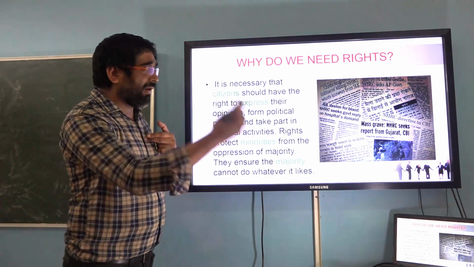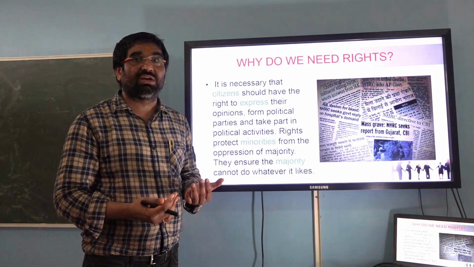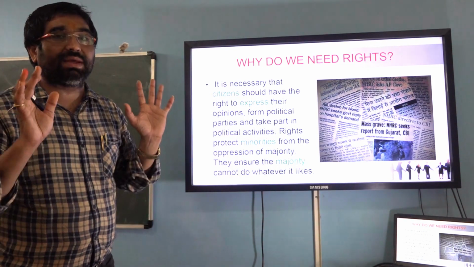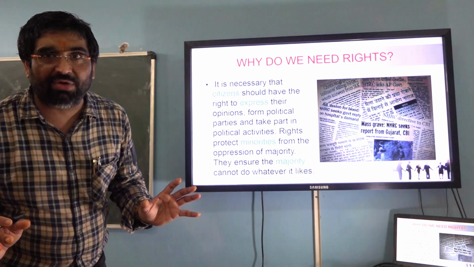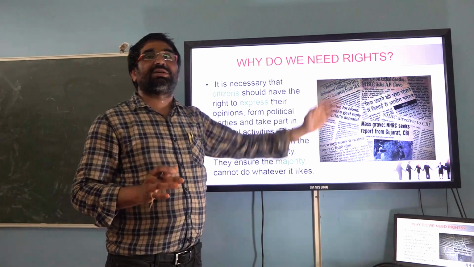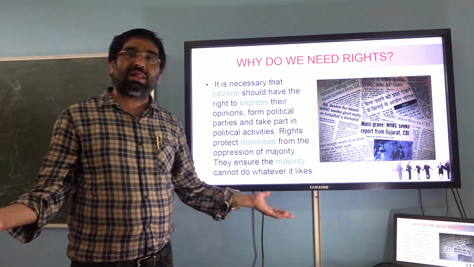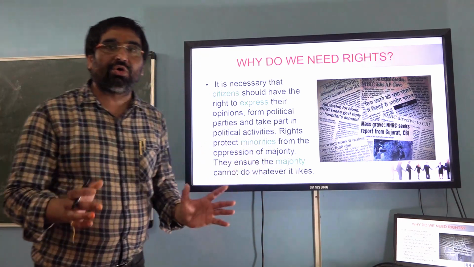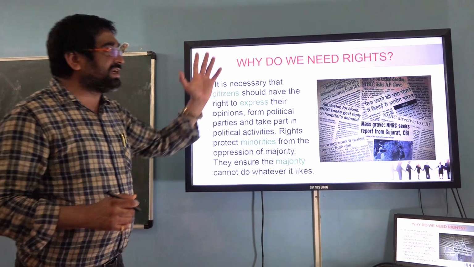But we can give our opinion, we can assemble, we can form associations, and minorities can live in a democratic country with protection of their rights. So we need rights. If there were no rights, the majority could deny the rights of the minorities. So in any democratic country, we need rights.